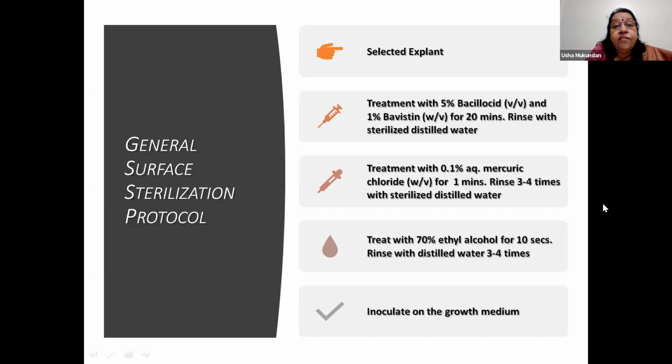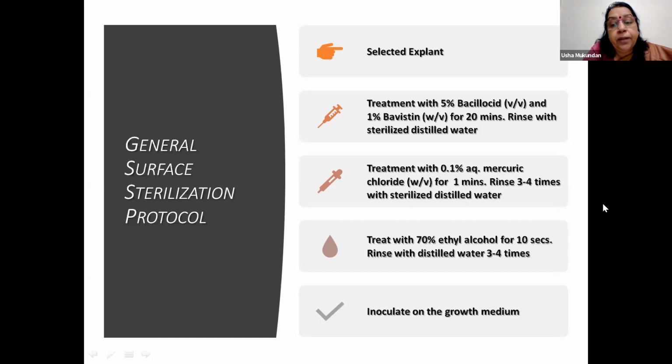Second, you have a two-step sterilization. If the contamination is very heavy, then you do a two-step sterilizing procedure. In the first step, you are sterilizing with a harsher sterilizing agent, that is 0.1% aqueous mercuric chloride.